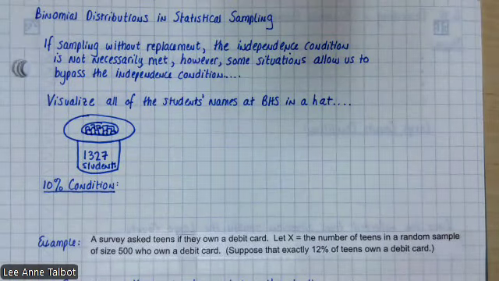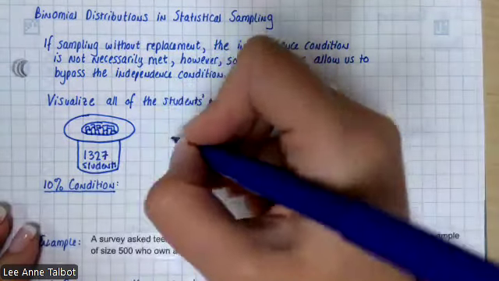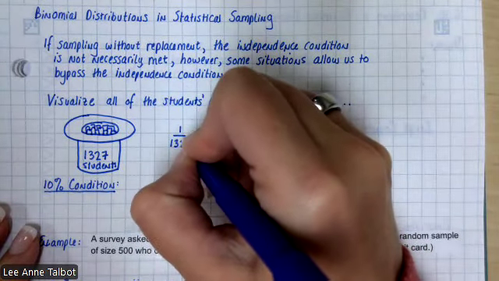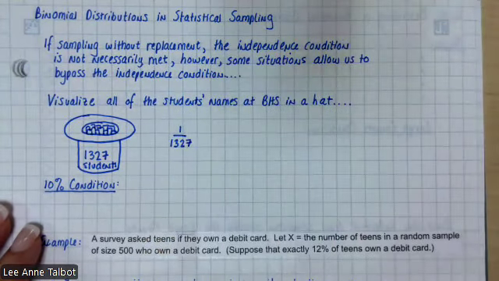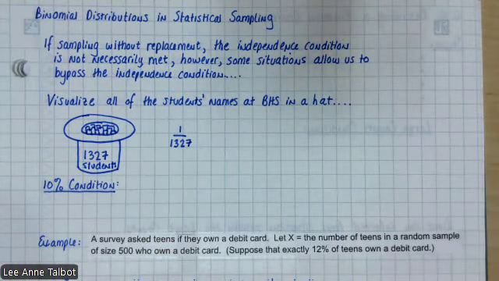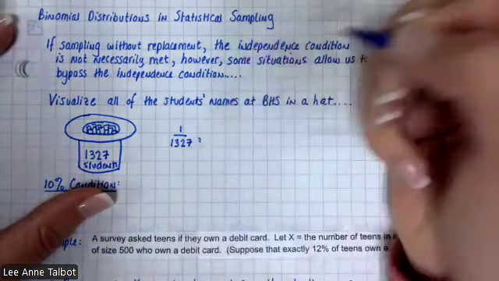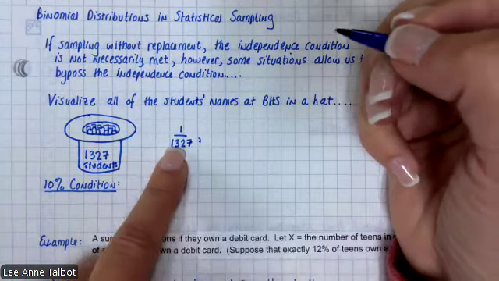Okay, I want you to imagine all of the 1,327 enrolled students at BHS, their names in a hat. And I want you to think about what's the probability that I draw out Cameron. That would be 1 over 1,327. Okay, and then Cameron's out, she got picked.